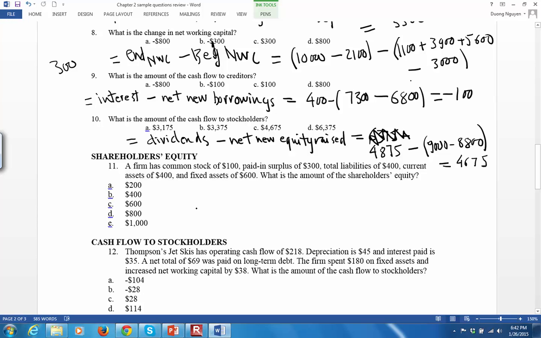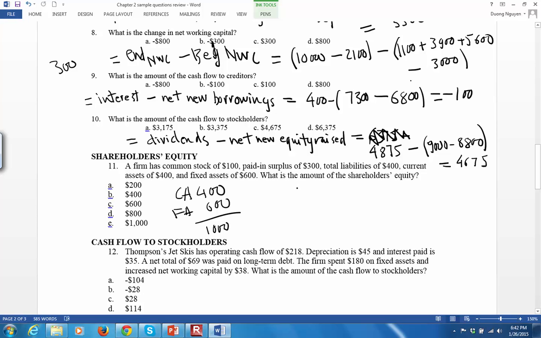Number 11, what is the amount of shareholders' equity? You are given common stock $100, paid in surplus $300, total liabilities of $400, current assets $400, and fixed assets $600. So you have current assets $400 over here, fixed assets $600. The total amount is $1,000.